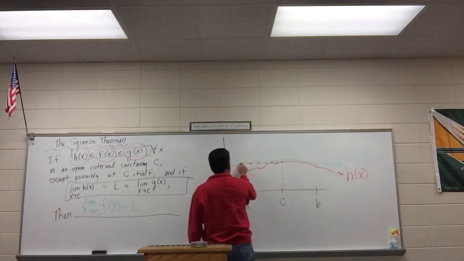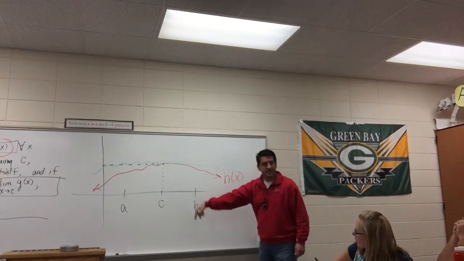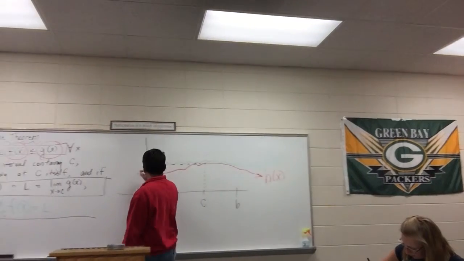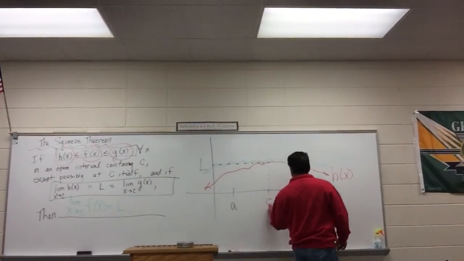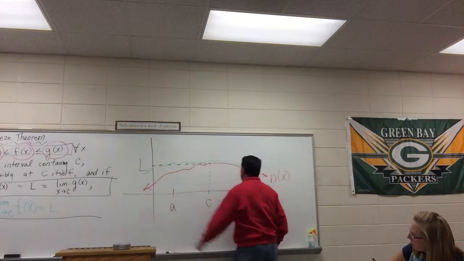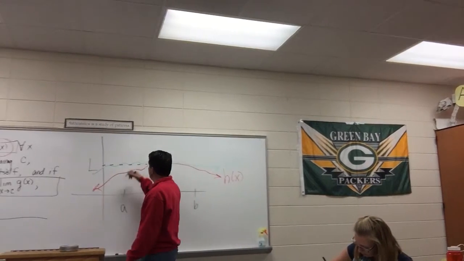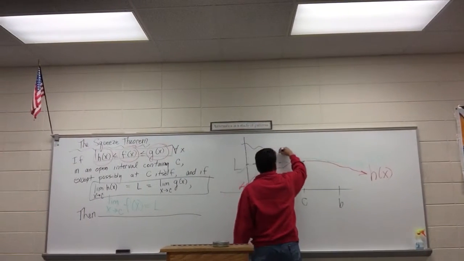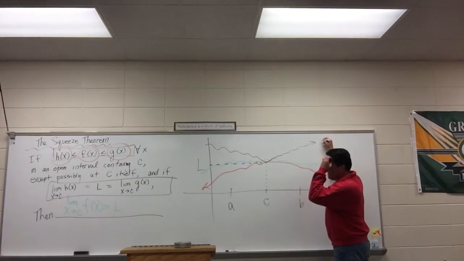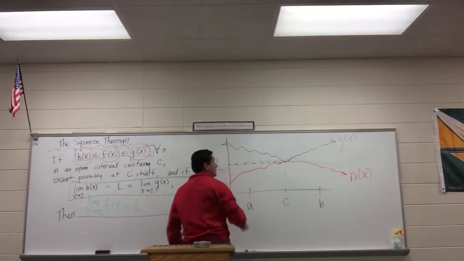No, because my interval is a to b, and c is a point inside of it. What I do know is the limit as x approaches c is equal to L for my h function, and it's also equal to L for my g function. This is how you translate a rule like this.